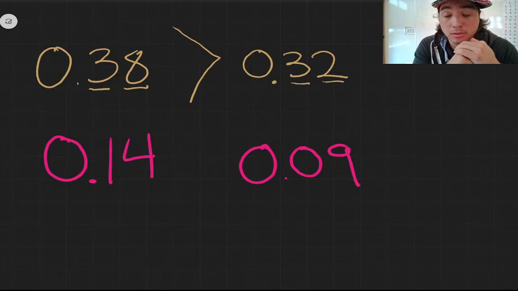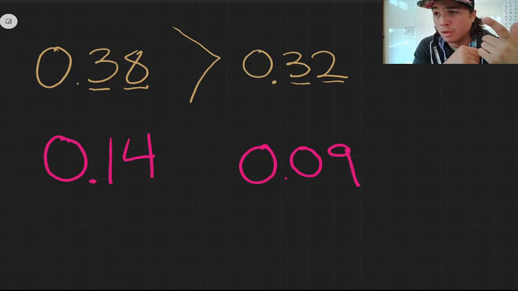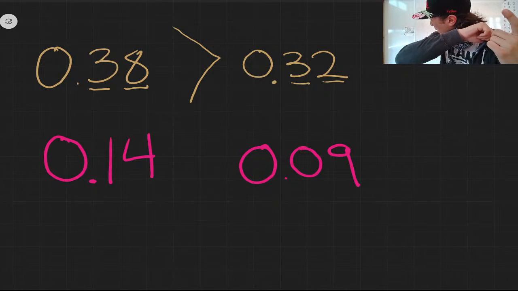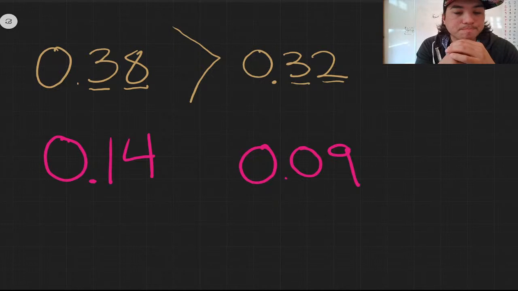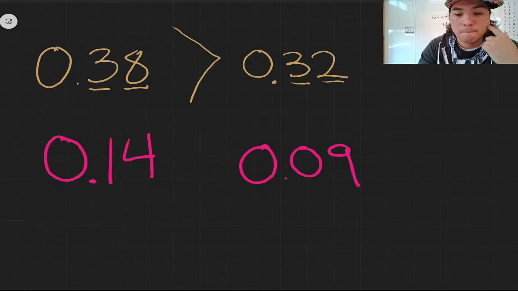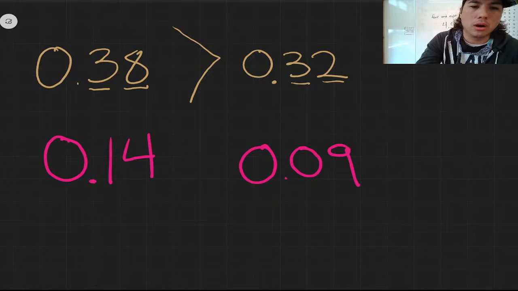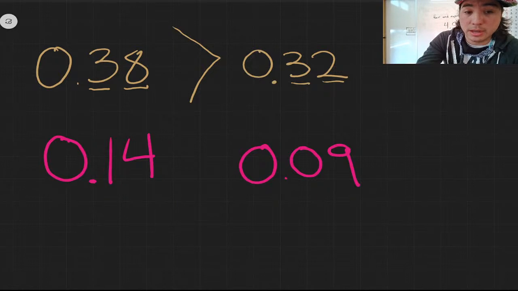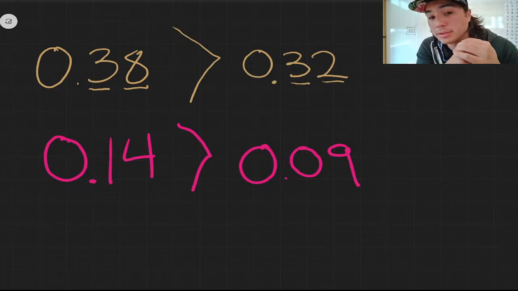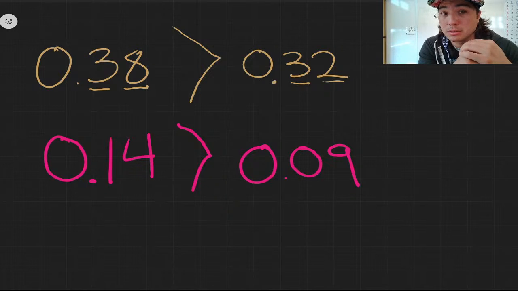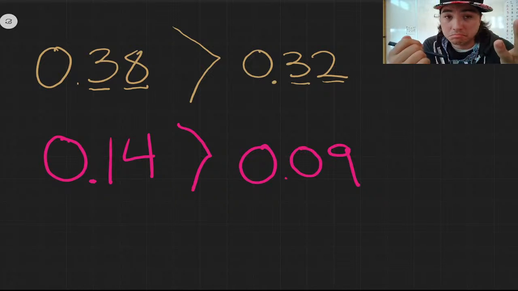Oh, hold on, I have to sneeze. Sorry. Hello. We're back. 14 hundredths or 9 hundredths. Just like our whole numbers, 14 is greater than 9. So 14 hundredths is greater than 9 hundredths. Same size piece, same size group, whichever one has more, that's your group.